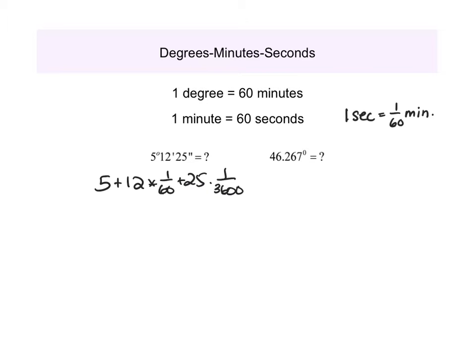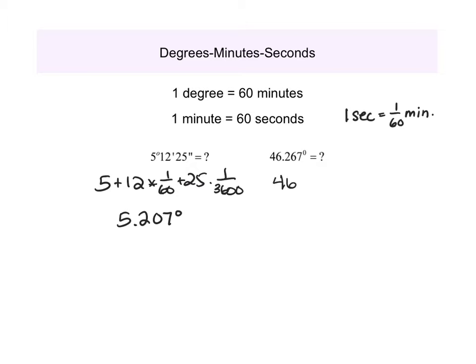That's because in every 1 degree, there are 3,600 seconds. If you put that into your calculator, you'll find that that is 5.207 degrees rounded.